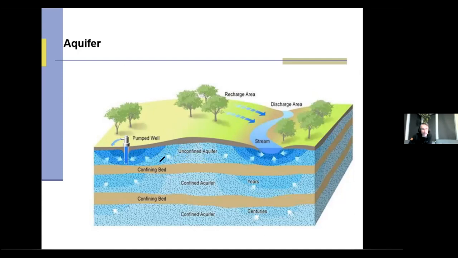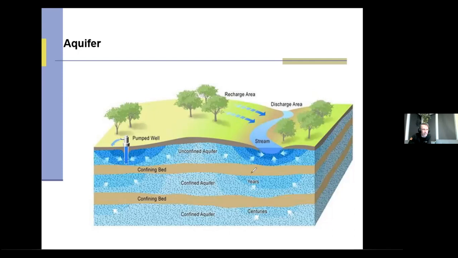This water up here in this unconfined aquifer, because it moves, it might not be in there for very long. It might be months, weeks, but definitely not a long time because it's very fluid, it moves around.